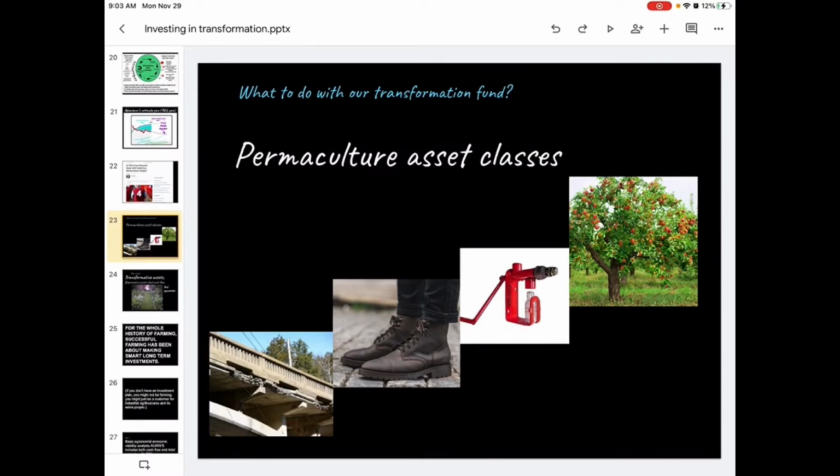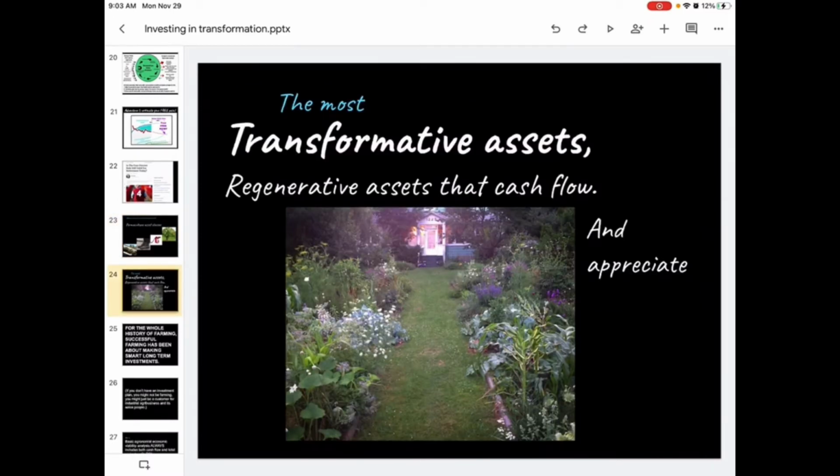We could go into a lot of depth on these, and it's an amazing topic to do so. But today we're just going to focus in on one asset class, the most transformative assets, which we call transformative assets. These are regenerative assets, which means they help regenerate ecosystems or society, and that they cash flow and appreciate in value.